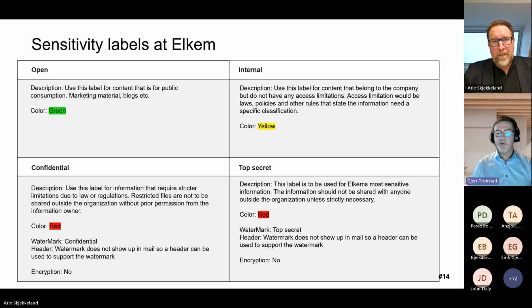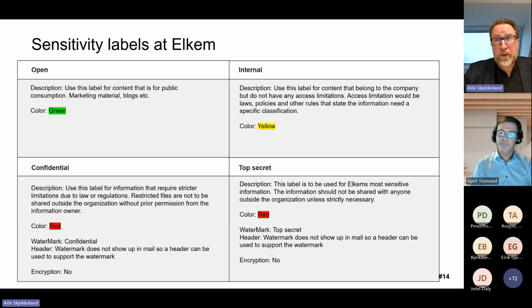Again, I think this is just Elkem's way of doing it for now, but I guess, Atle, you have come across quite a lot of different ways of ending up here. I think that the key is, keep it as few as possible. So you have some companies taking it one step further. That means you have 3 levels. Often it's open or public, internal, and confidential, or something like that.